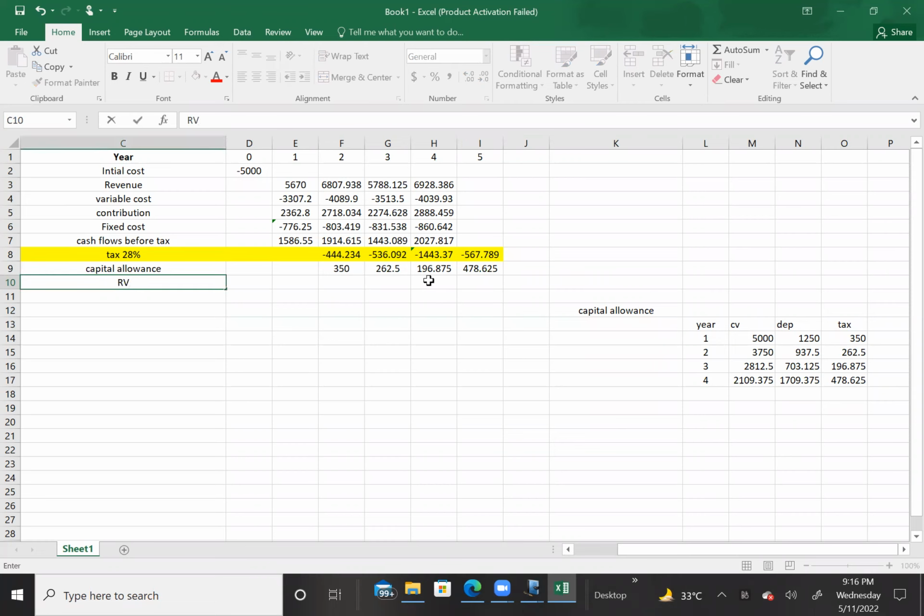Then the residual value of 400 will be taken here. Then the working capital, there is no working capital adjustment here.